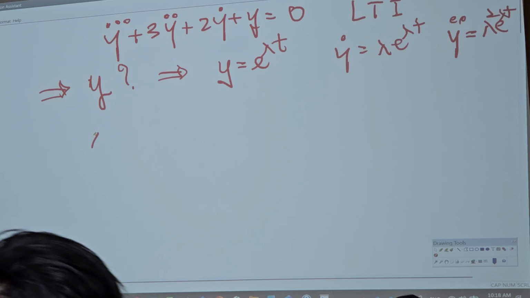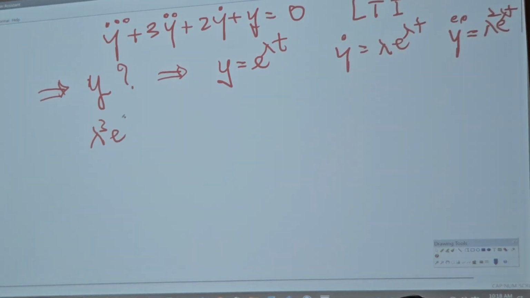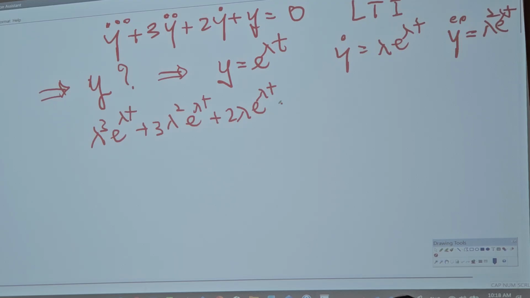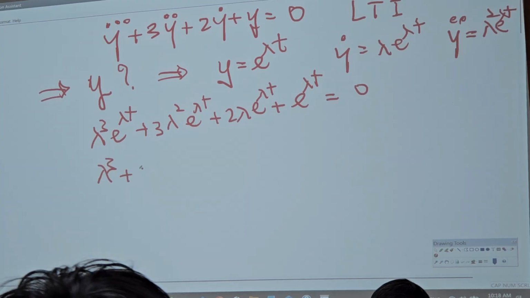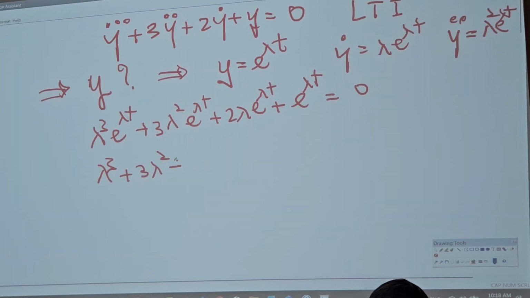So this one is lambda cubed e to the lambda t plus 3 lambda square e to the lambda t plus 2 lambda e to the lambda t plus e to the lambda t equal to 0. So in this case, you have lambda e to the lambda t equal to 0.